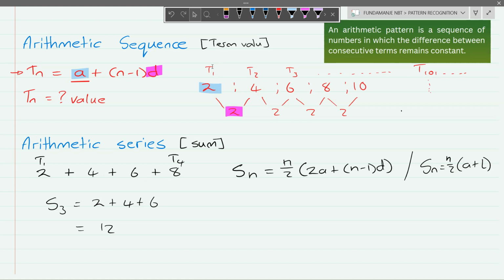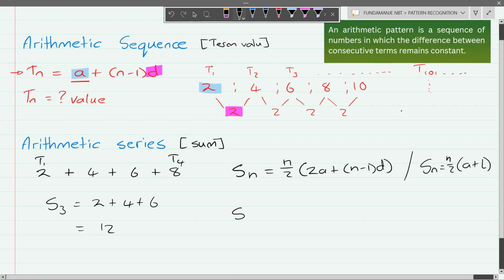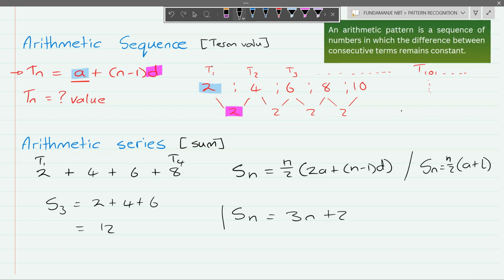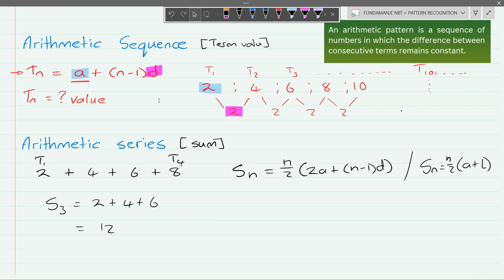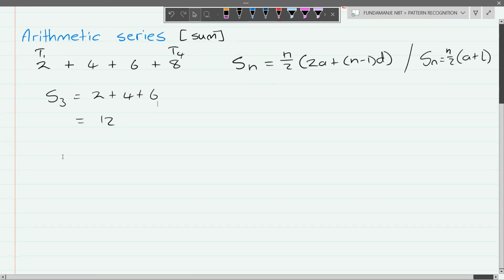Now, in the case where they only give you the sum formula, so let's say we get the sum formula and it's simplified to something like 3n plus 2. So this is the only information you're given. Maybe let me write it on a separate space.